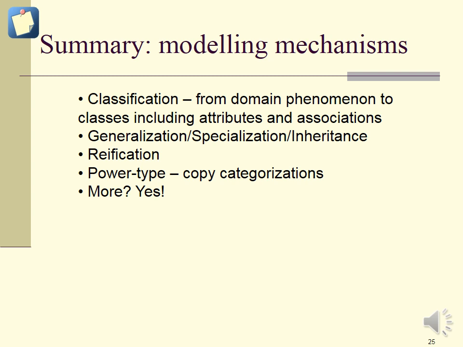We have looked at the reification pattern, and we have looked at power type copy categorizations. Are there more data abstractions or modeling patterns than this? Yes, there are, but these 3 are very common and very important and serve us very well when we start creating good, useful and easy to use conceptual models.